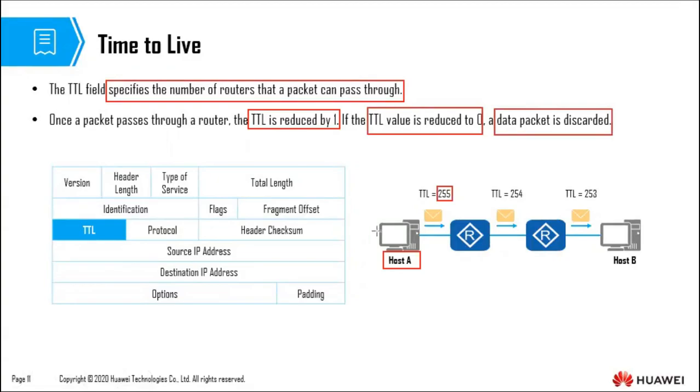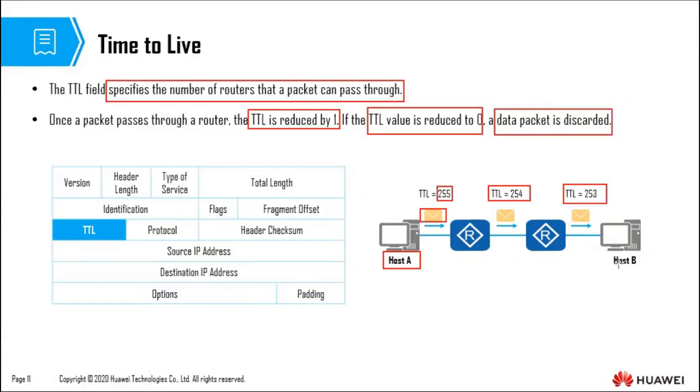For example, here, the TTL value for this packet is 255. When it passes one router, the TTL value is reduced, and when it passes another, it is reduced again. Now, if it reaches the router that is connected to the destination, then the packet is going to be delivered to the destination.